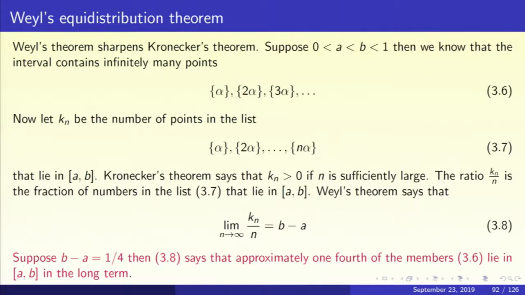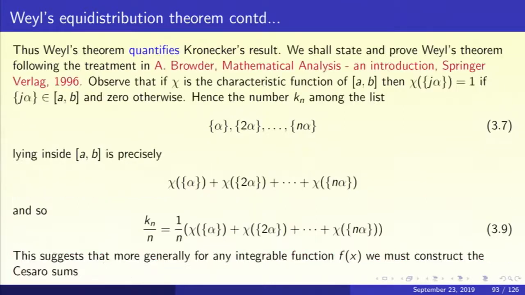In other words, the fraction of the numbers listed in 3.6 that land up in the given interval is exactly the length of the interval. So in this sense, Weyl's theorem quantifies Kronecker's theorem. It sharpens Kronecker's theorem and it actually quantifies Kronecker's theorem.